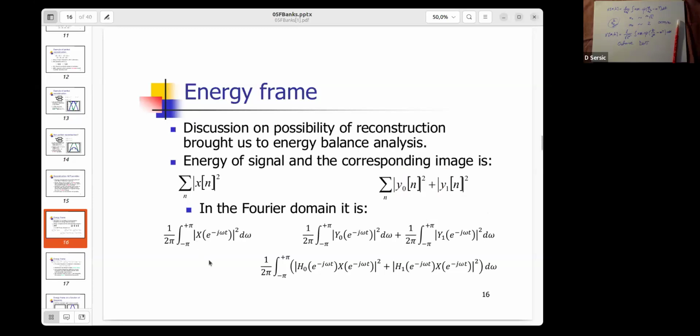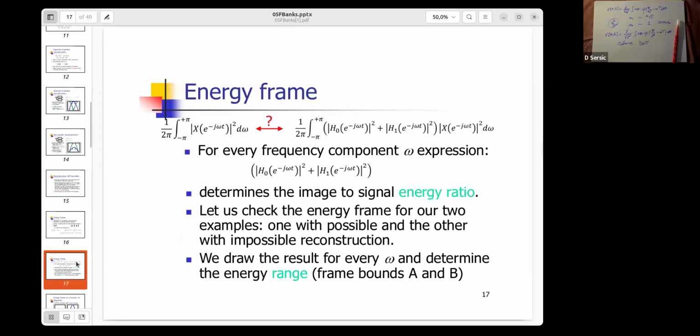If we go to the Fourier domain, the Fourier transform preserves energy, so we can calculate the same numbers in the frequency domain. So then it looks like this. Why is it important? It is important because for each and every frequency, we can calculate what happens with the energy.